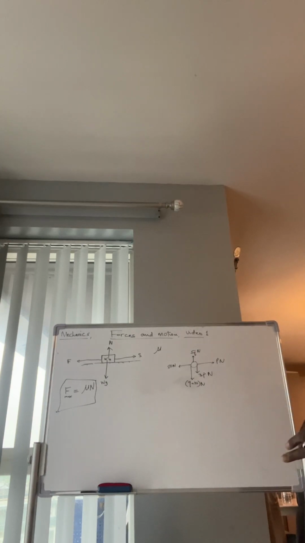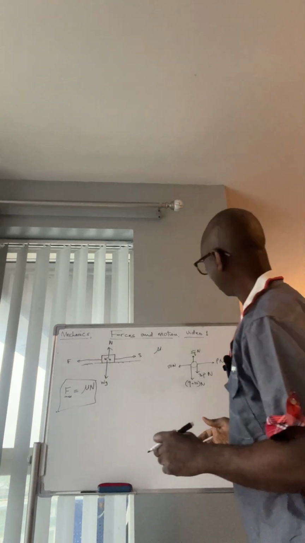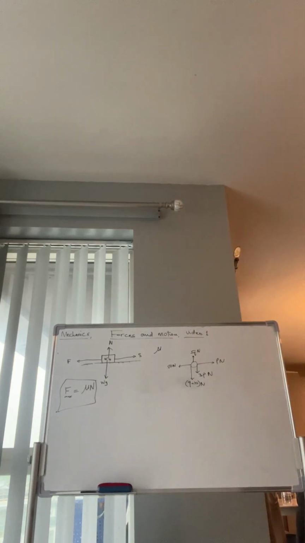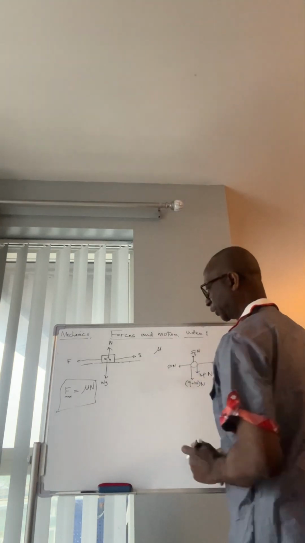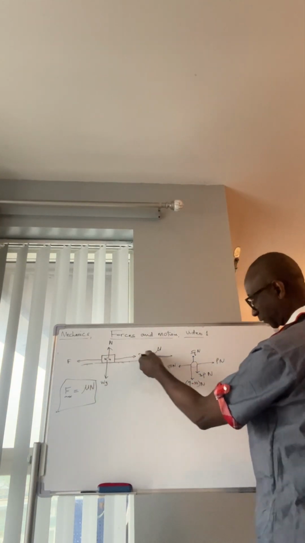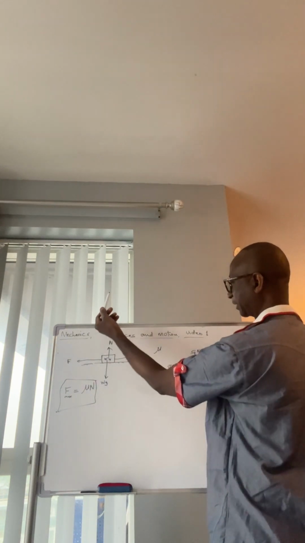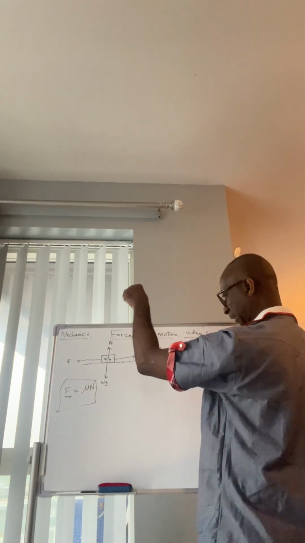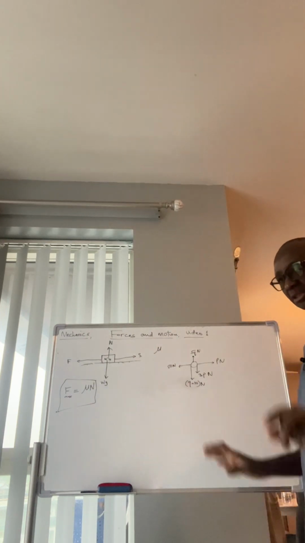So, what do we have? Remember when it is stationary, this force is equal to this force. This force acting upwards is equal to this force acting downwards. That's why it's stationary.